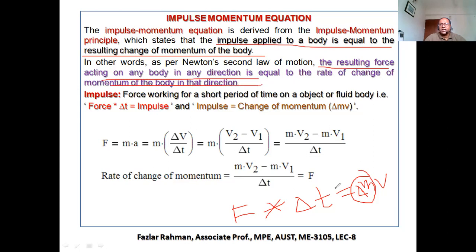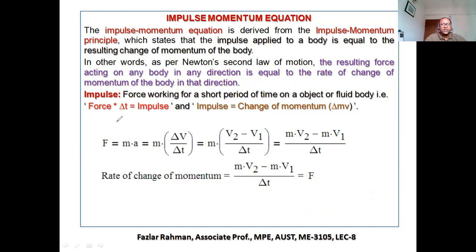And if we start from Newton's second law, then you see force into delta T equals impulse. Again, we are saying impulse equals change of momentum. So let's see now. F equals ma.